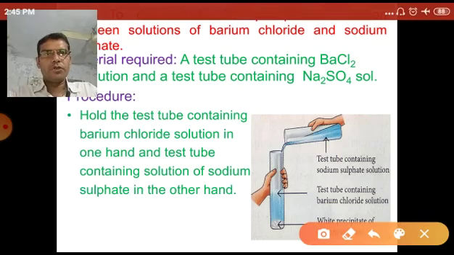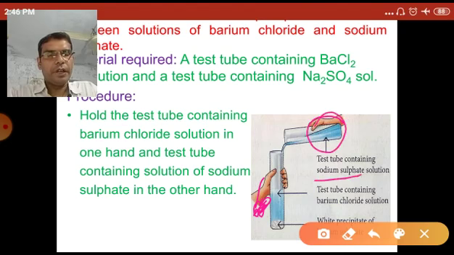In the procedure, hold the test tube containing the barium chloride solution in one hand and the other test tube containing the sodium sulfate solution in the other hand.